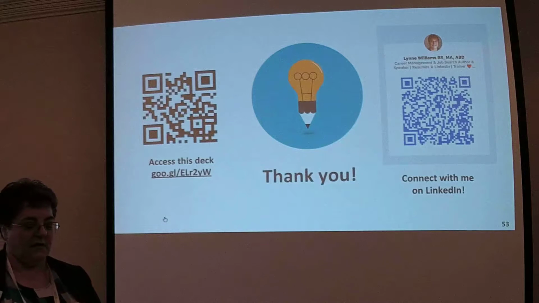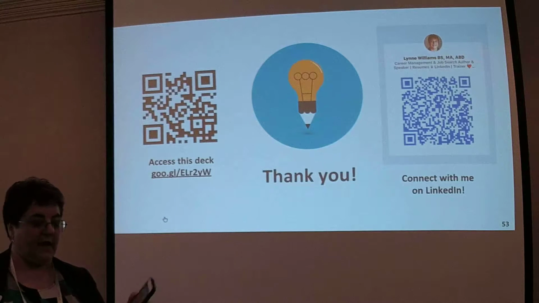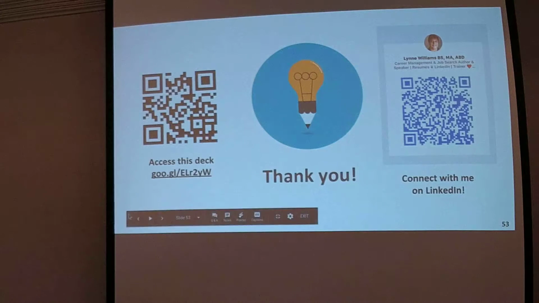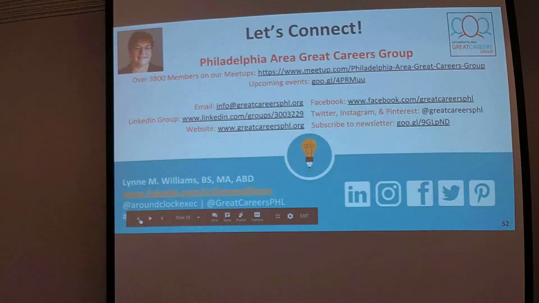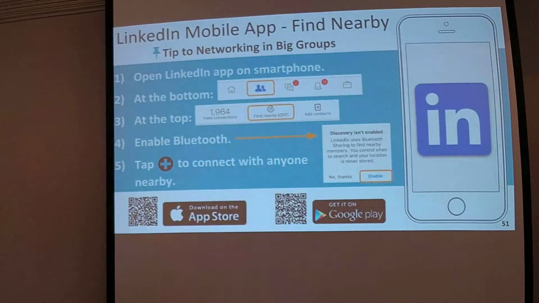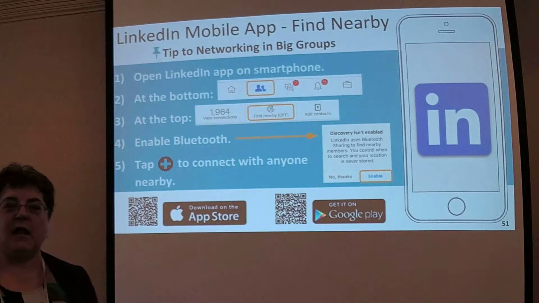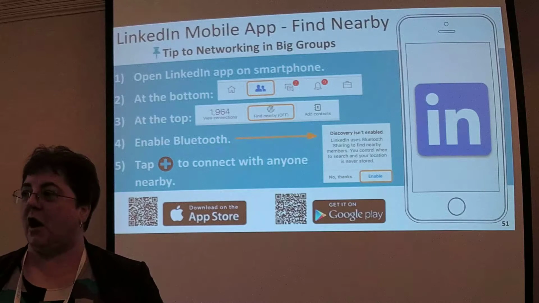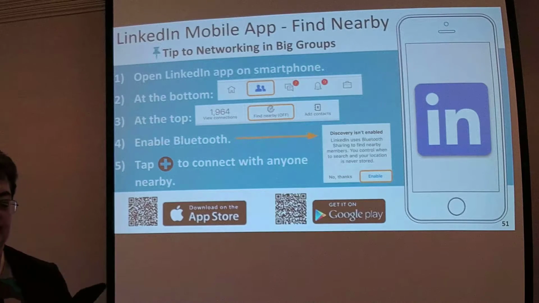Cool. All right. So now the next thing is, down at the bottom left, we're going to go back to that slide. Oops. This one. Okay. So we're going to do something called LinkedIn Find Nearby. Nobody else, other than the people in this room doing this at the same time, are going to be participating.